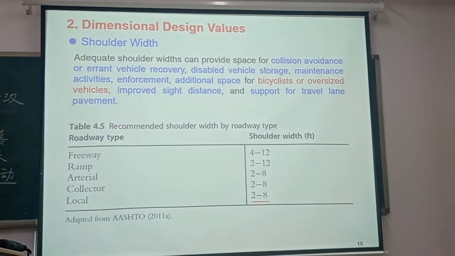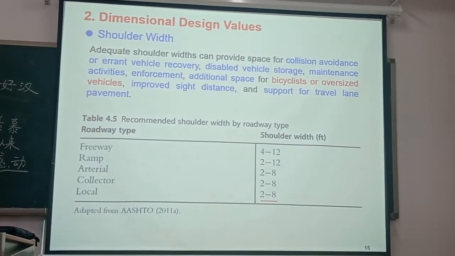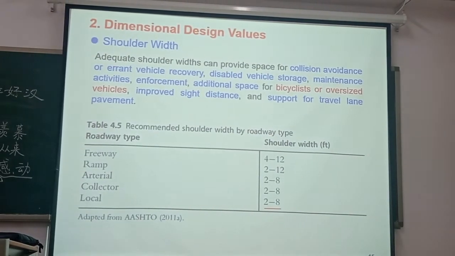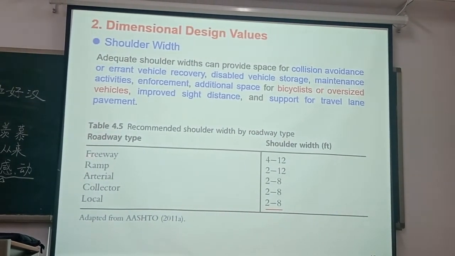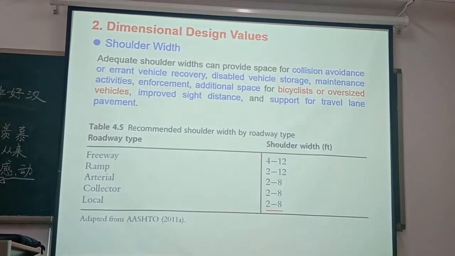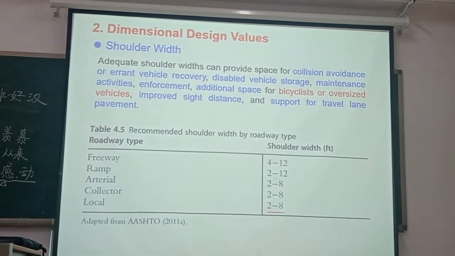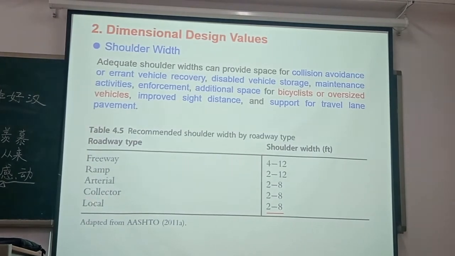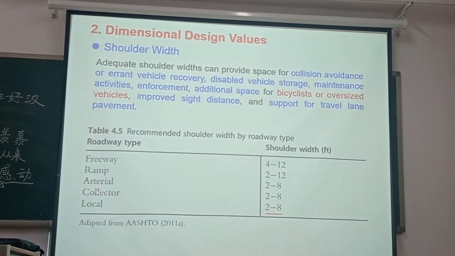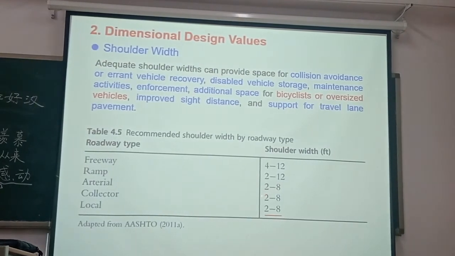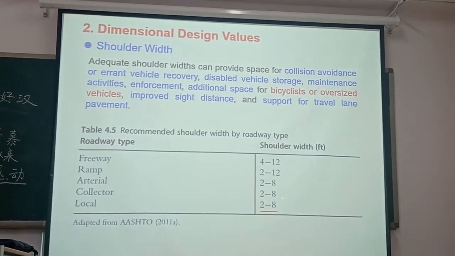From this table, with recommended shoulder widths by roadway type, we can know that for freeway, the shoulder width is 4 to 12 feet. Local, collector, and arterial is from 2 to 8 feet.